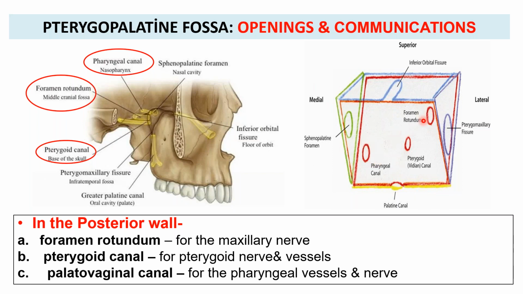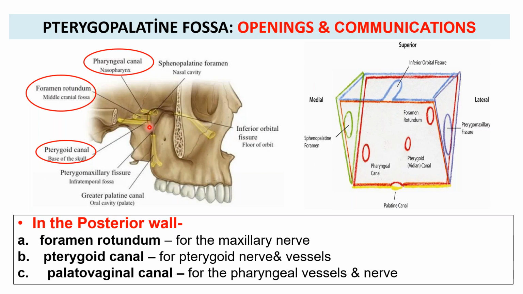You can see these 3 foramina: the foramen rotundum, the pterygoid canal, also called the Vidian canal, and the pharyngeal canal or the palatovaginal canal. Through them, the pterygopalatine fossa is communicating with the middle cranial fossa, with the base of skull, and with the nasopharynx through the palatovaginal or pharyngeal canal, which are represented by these 3 openings in the posterior wall of the pterygopalatine fossa.